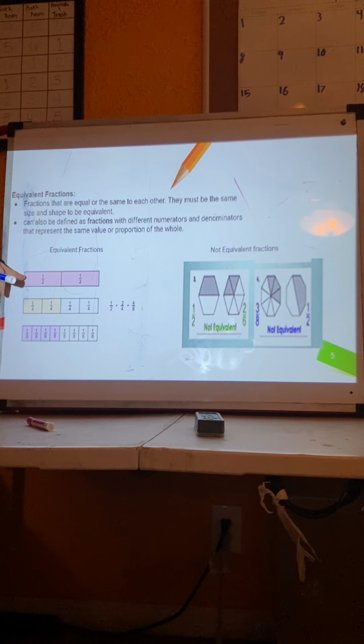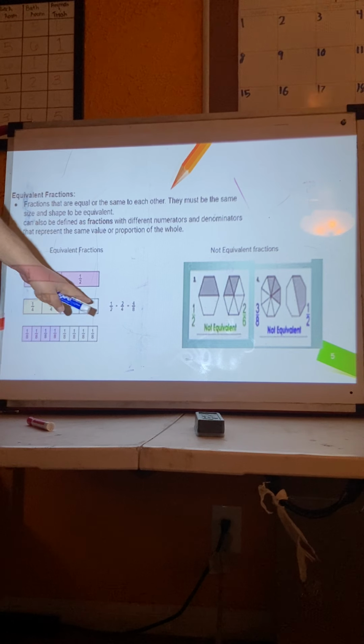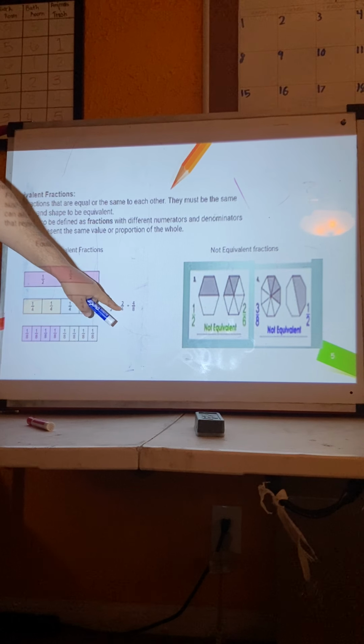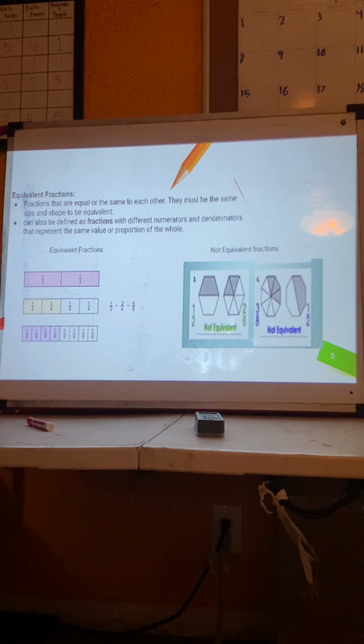So, as long as they are the same size and the same shape, they are equivalent, right? It tells you right here, equivalent fractions: 1/2 equals 2/4 equals 4/8. You see how the numerators and the denominators are all different, but they're all proportionate to each other. They're all the same size. That's what makes them equivalent.